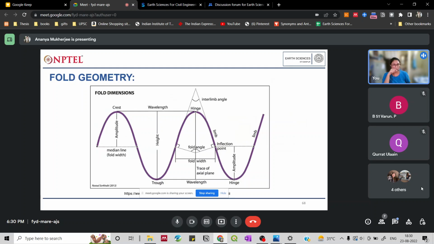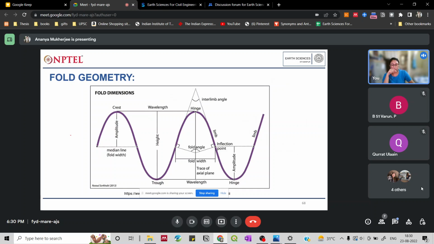So now we move on to the different kind of geological structures that we see when we go on field. So the first that we see is fold. Now for the fold to have formed, suppose this purple line is your bed.